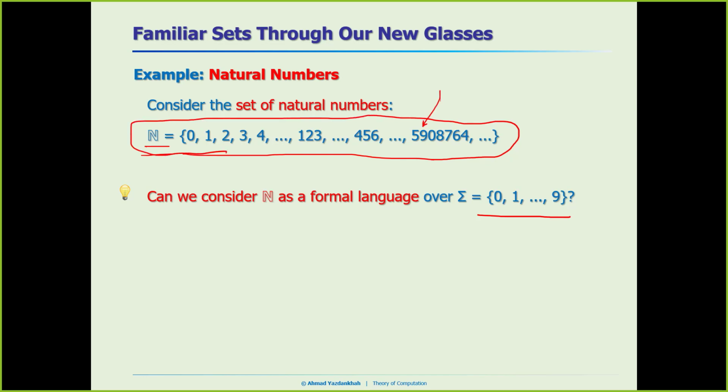Maybe someone says, "Oh, wait a minute. These are numbers, not strings. What are you talking about?" When we introduced formal languages, they looked like, for example, ABBA, and we consider all of these as sequences of symbols, right?